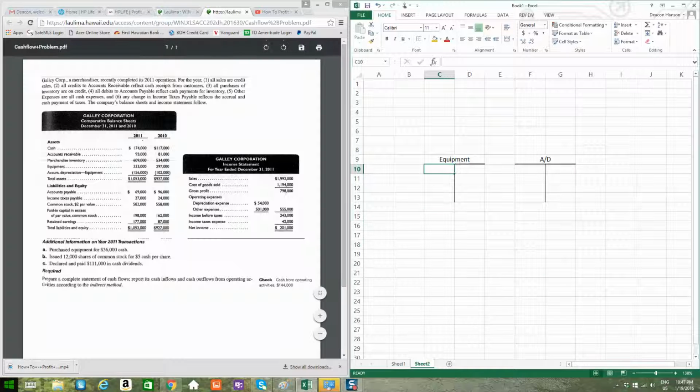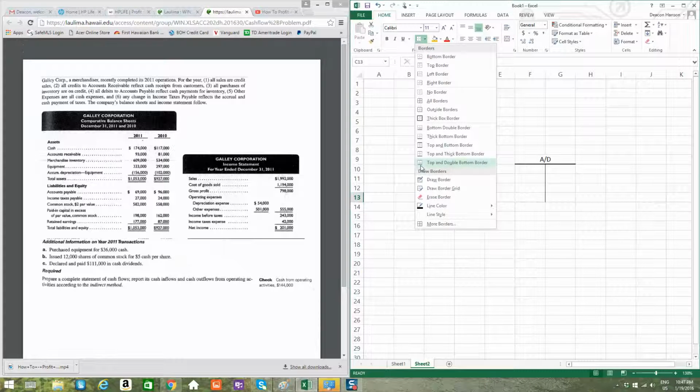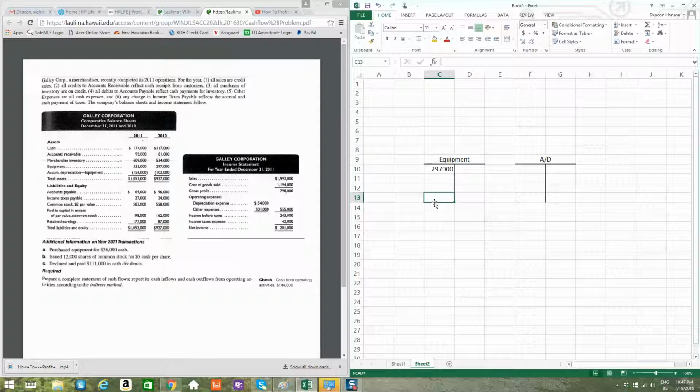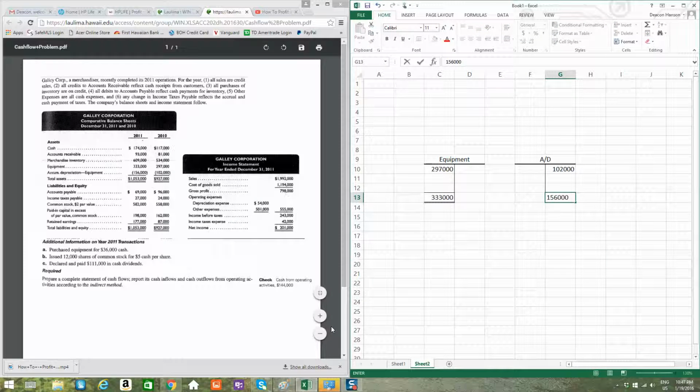So my equipment starts with a $297,000 balance, and the ending balance is $333,000. As far as accumulated depreciation goes, I start with $102,000 and we end with $156,000.